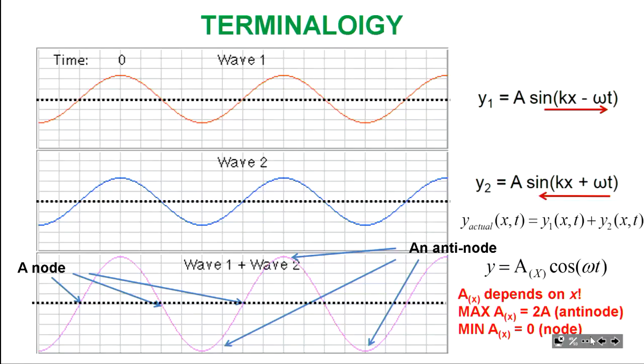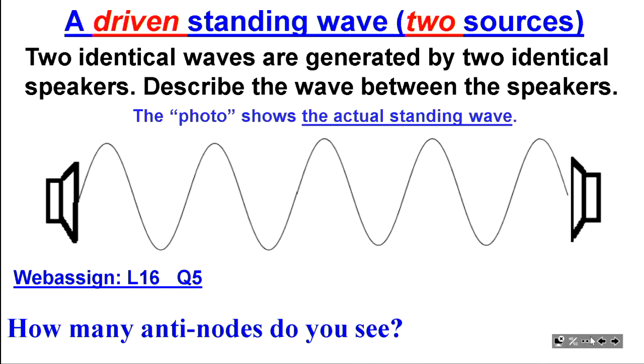And now I have to say something about the name for each specific location. So here we observe the maximum of intensity. We call it the antinode or just maximum. Here we experience nothing. We call it a node or minimum. That's it. Now we can answer this question.